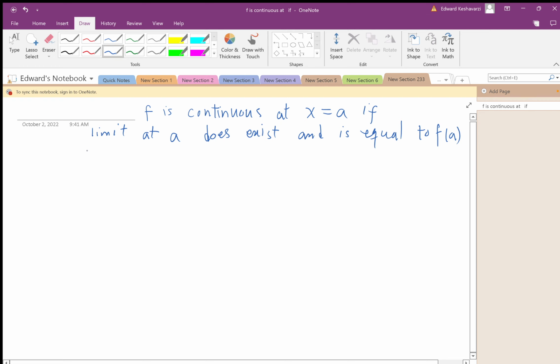Mathematically saying, the limit of f of x as x approaches a from the left equals the limit as x approaches a from the right, and equals f of a.